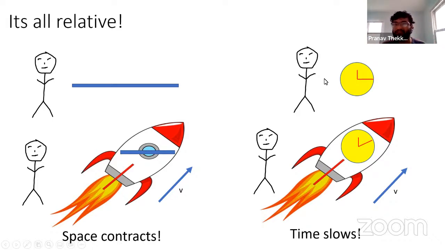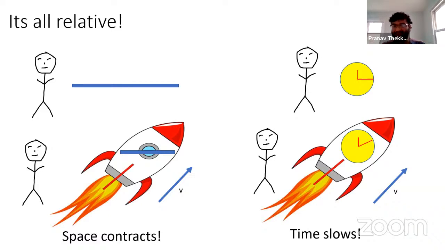So if a person measured 15 minutes outside, relative to the person who's going in the rocket, for that person there has been only 10 minutes that has passed instead of 15. So time actually slows down as you move faster, and space actually shrinks as you move faster.